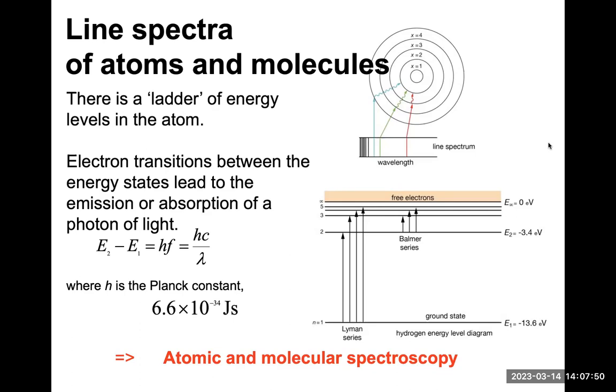So you can use a very specific amount of energy in the form of a quantum of electromagnetic radiation or photon to take one electron from a lower energy level to a higher one, or vice versa.